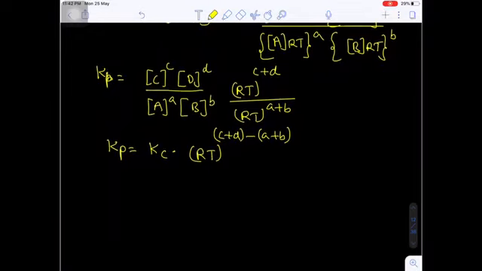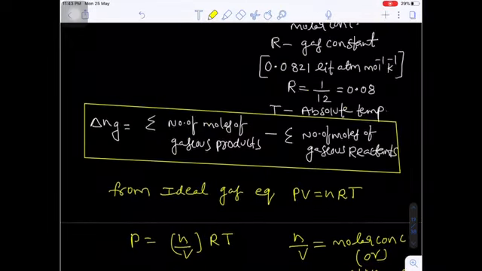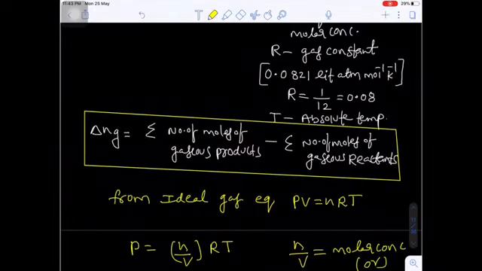Now here, what are c and d? The stoichiometric coefficients of the products. What are a and b? The stoichiometric coefficients of the reactants. So I am writing delta Ng: total number of moles of gaseous products c plus d minus total number of moles of gaseous reactants, that is a plus b. This is the delta Ng.